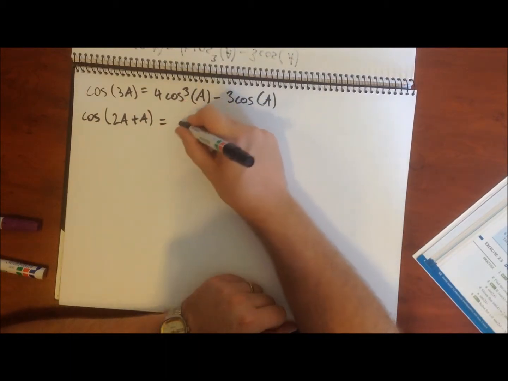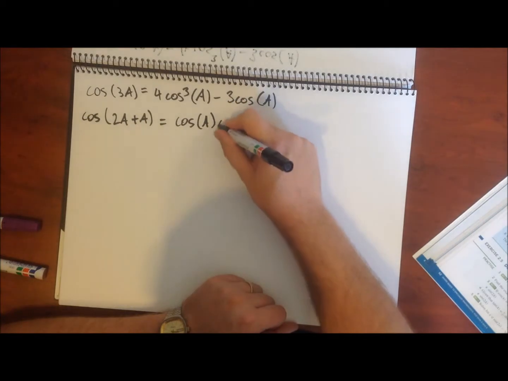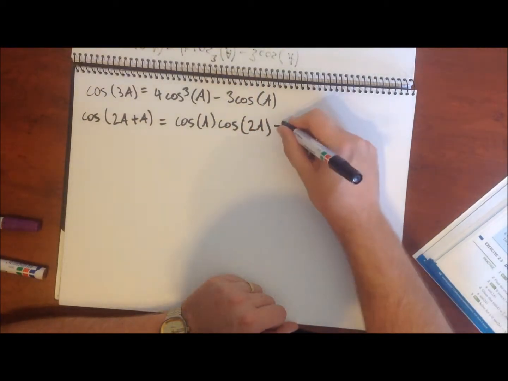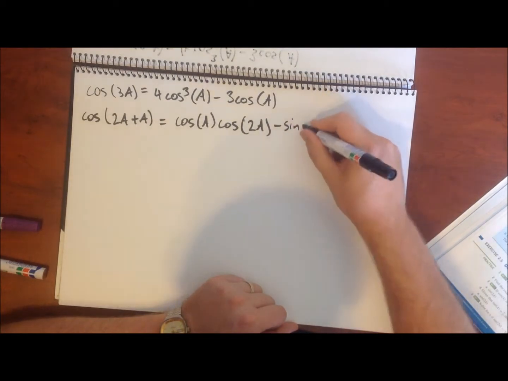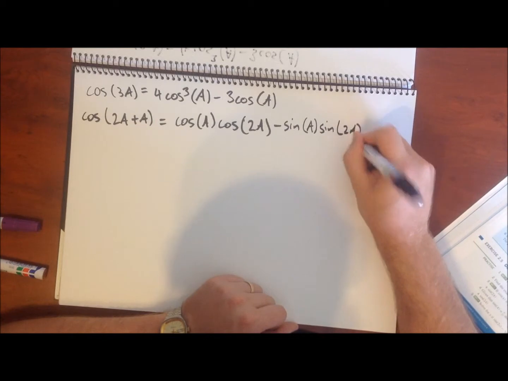we can say this is equal to cos of A cos of 2A take sine of A sine of 2A.